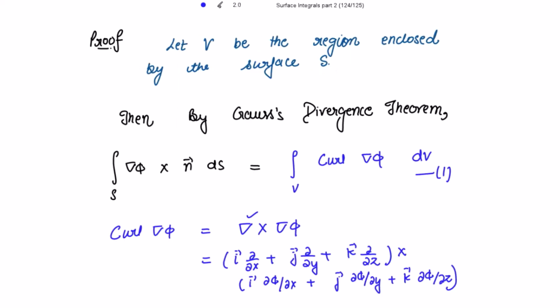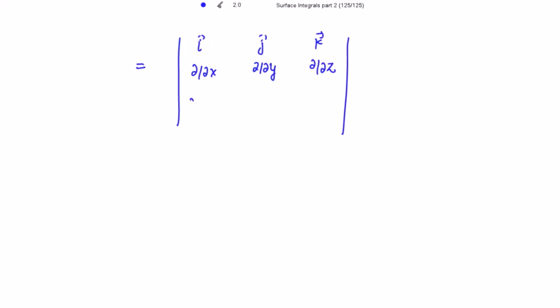And now writing the components of del phi: partial derivative of phi with respect to x, with respect to y, and with respect to z.